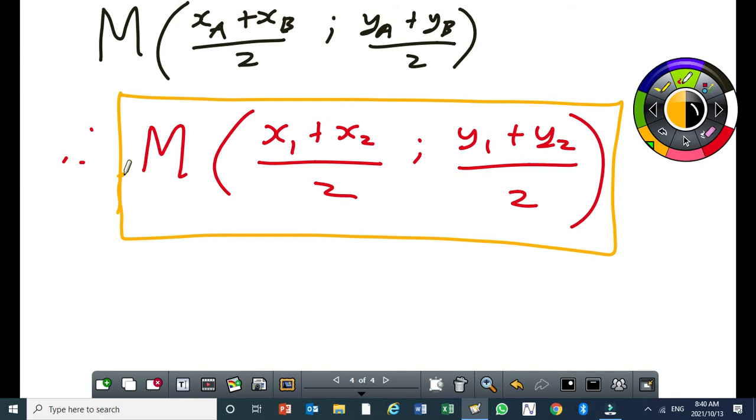And here I started with y1, you can also start with y2. I don't want you to think that you have to start with x1 all the time, y1 all the time, because that's not entirely correct. The identification of x1 and x2 is a choice if you are given a line segment.